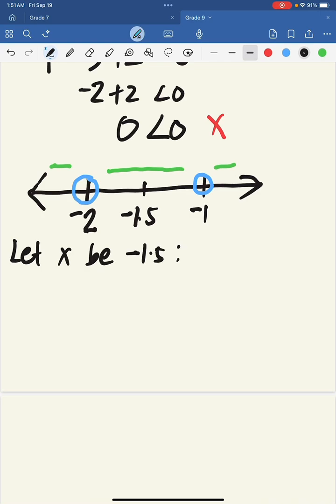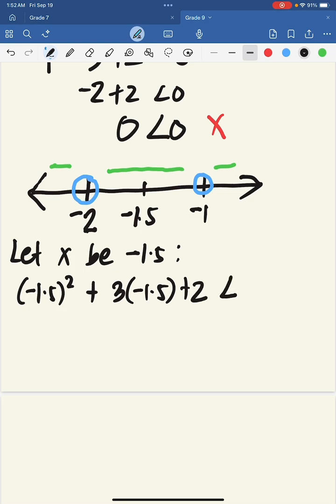So we have here negative 1.5 squared plus 3 times negative 1.5 plus 2 is less than 0. Let's see. Negative 1.5 squared is 2.25. 3 times negative 1.5 is negative 4.5, plus 2 is less than 0.